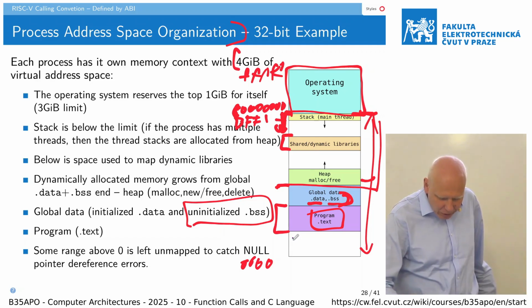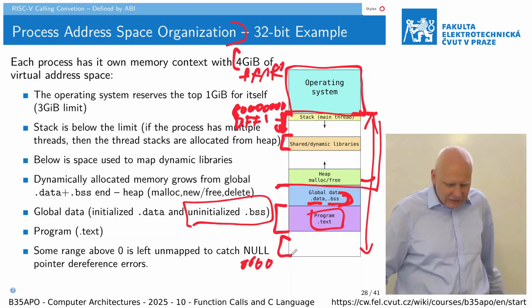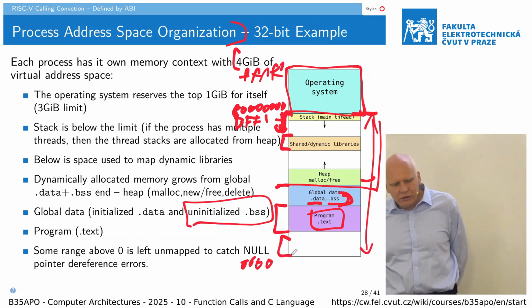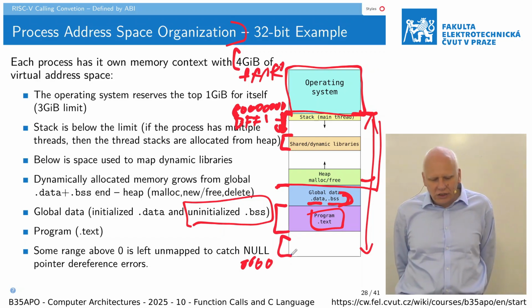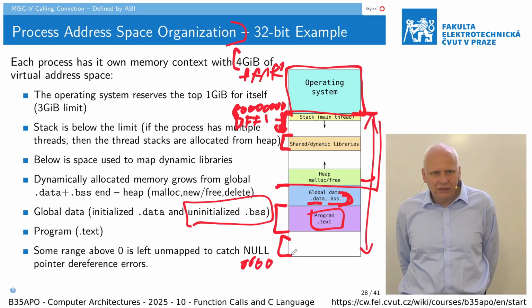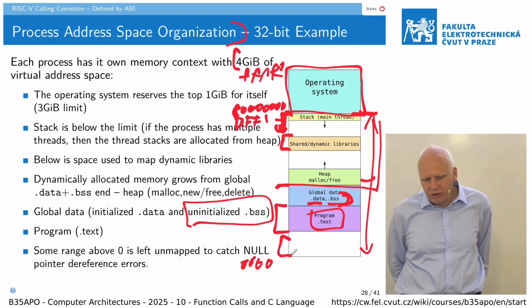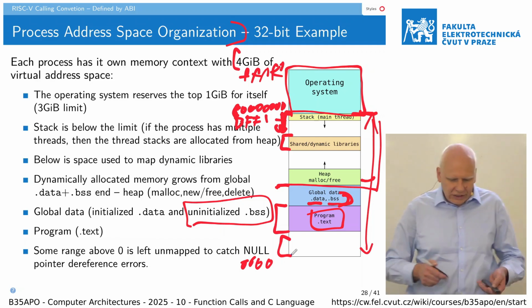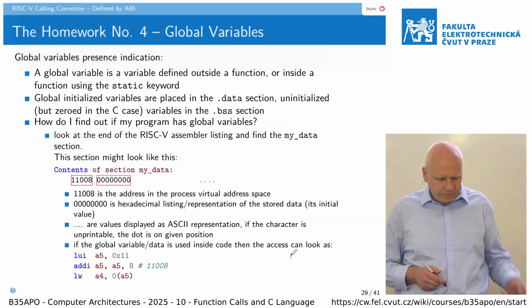And usually a program doesn't start at the address 0, and there is some space reserved which is used to catch the error, the reference, if you have a null pointer or some offsets against a null pointer and so on.